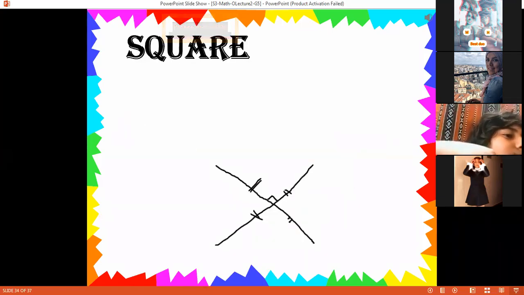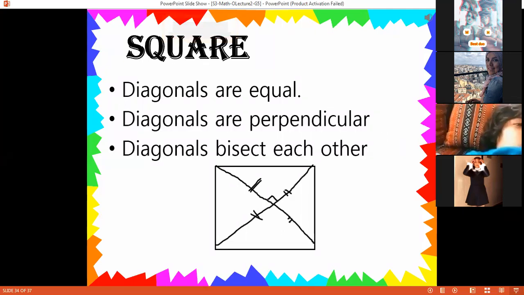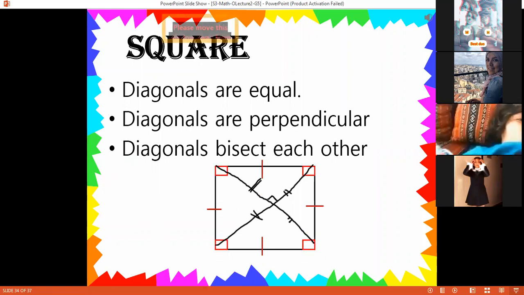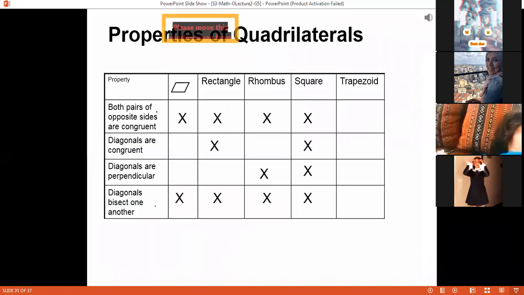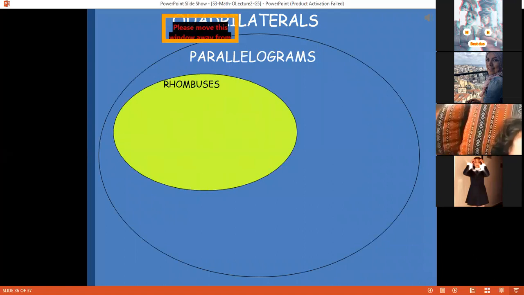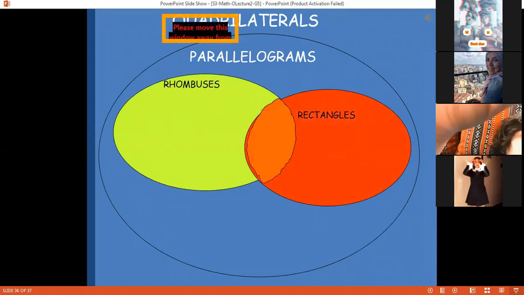The diagonals are equal. And the square has diagonals equal, perpendicular, and bisect each other. All. So that diagram will indicate. So we have parallelogram, rhombus, rectangle, square.